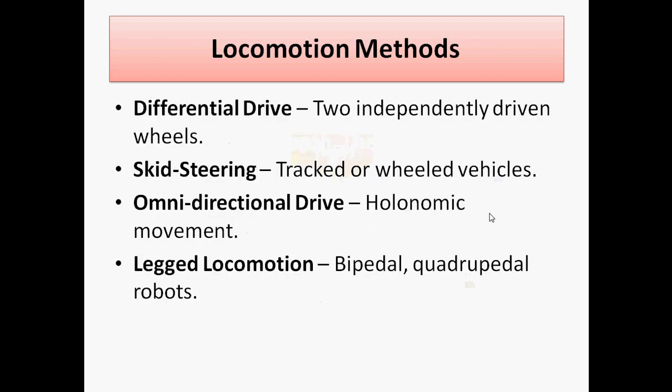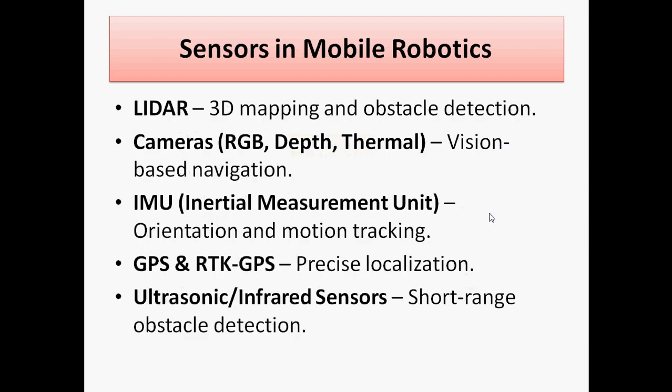After locomotion methods, we discuss sensors in mobile robotics. The lidar sensor, light detection and ranging, is used for 3D mapping and obstacle detection. Cameras are used for vision-based navigation. The IMU, inertial measurement unit, includes the accelerometer and gyroscope, which is required for orientation and movement tracking. GPS is used for precise location.